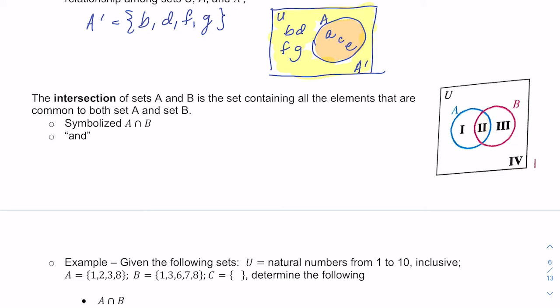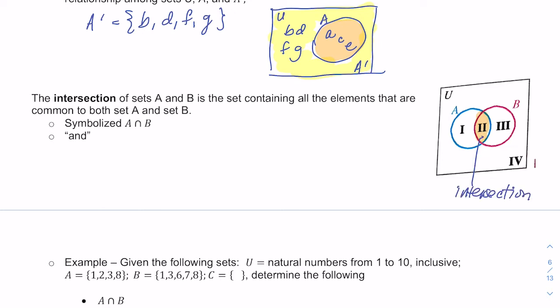There are two important operations we're going to look at in addition to complements. One of them is the intersection of sets A and B. So that's the set that contains all elements that are common to both set A and B, and they're going to be right here in the middle. So that includes the intersection in region 2.